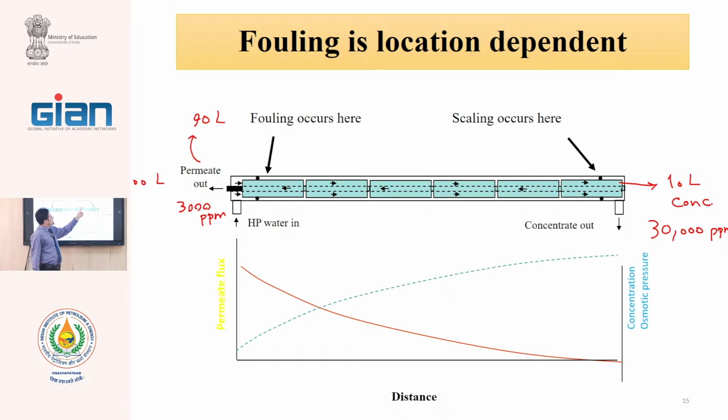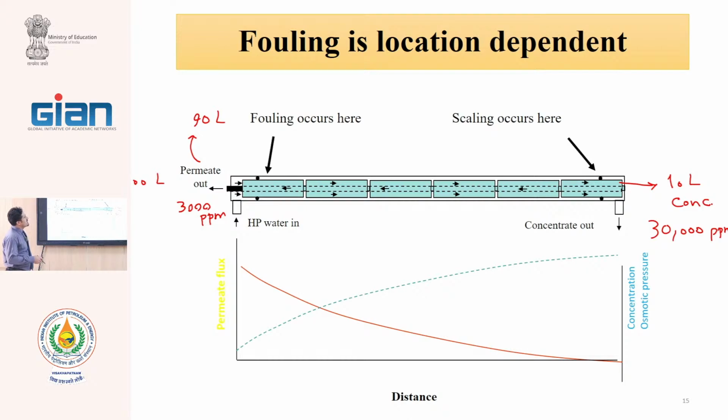Therefore, in the last modules, we will have a possibility of scaling because going to the right, the concentration of the salt increases, and in the last one, we will have a very bad scaling concentration.